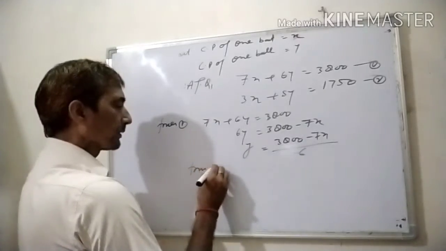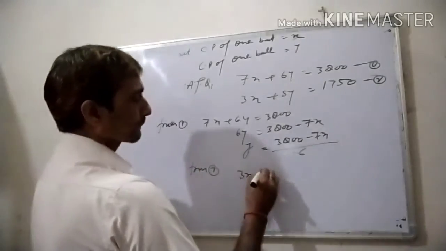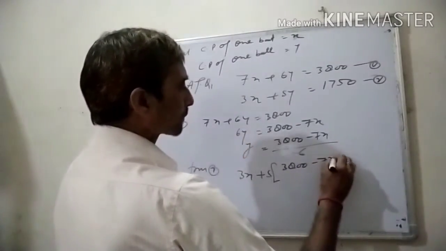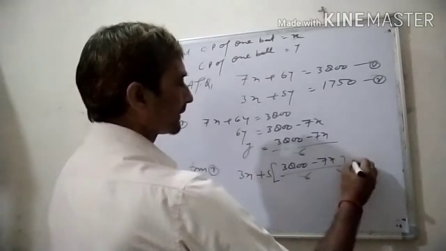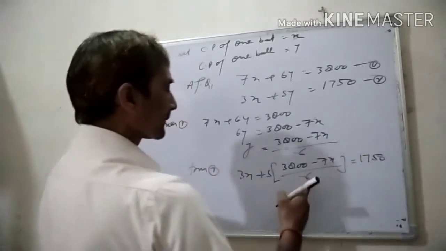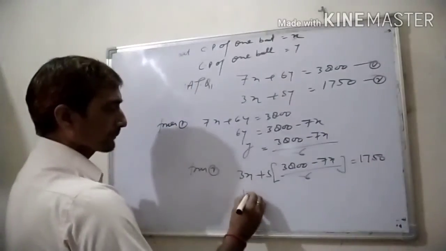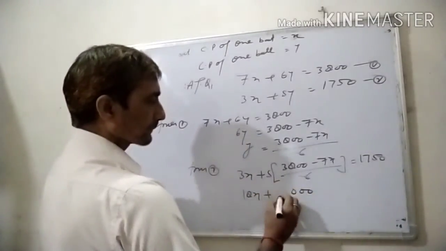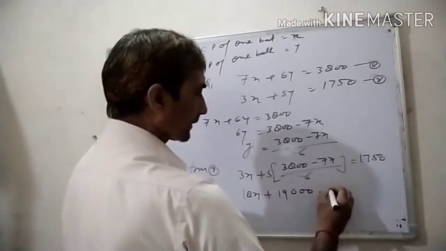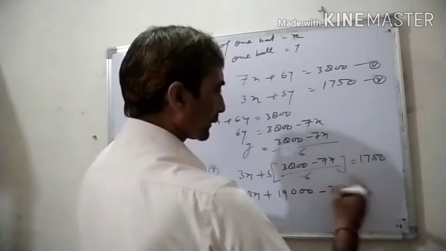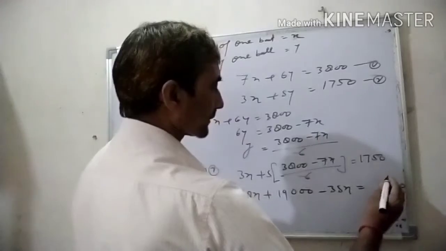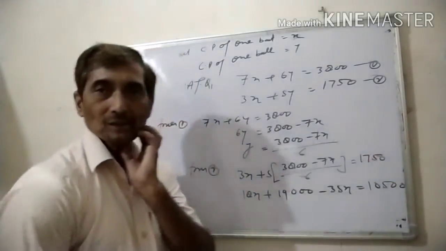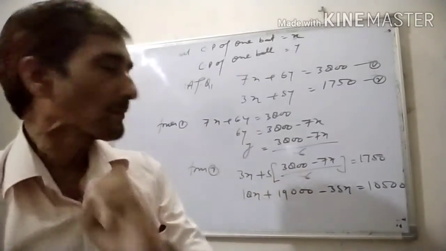From 2, 3x plus 5 in bracket (3800 minus 7x) by 6 equal to 1750. Taking LCM, 18x plus 19000 minus 35x equal to 10500. Check your calculation.